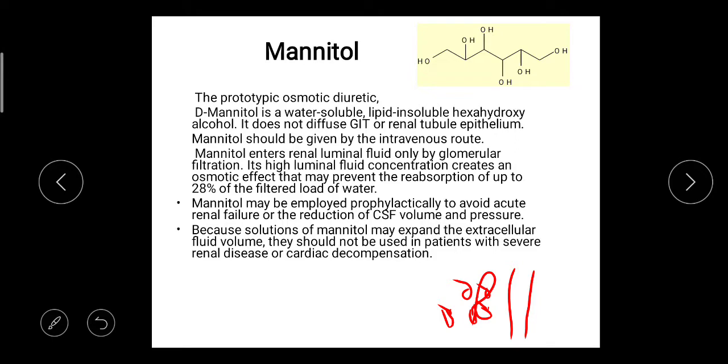The water flows from this side to this side, and the reabsorption of water from the renal tubular fluid is avoided. This is the mechanism of action.